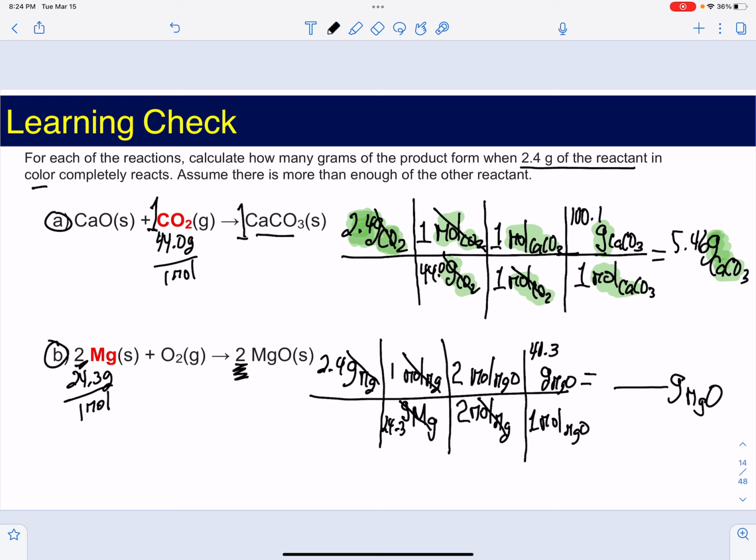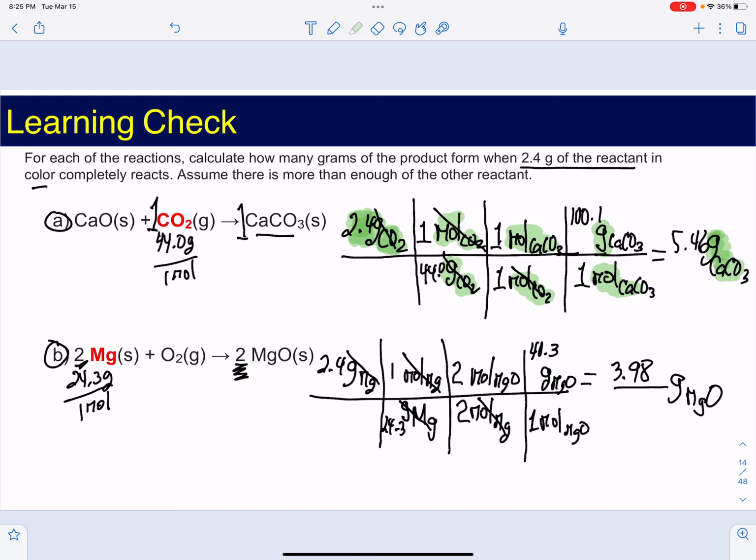So at this point, I proceed to use my calculator. I multiply everything on top, 2.4 times 1 times 2 times 40.3, divided by everything at the bottom, 24.3 divided by 2 divided by 1. And that gives me 3.98 grams of magnesium oxide.